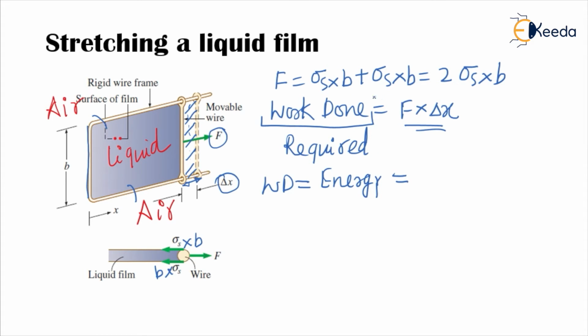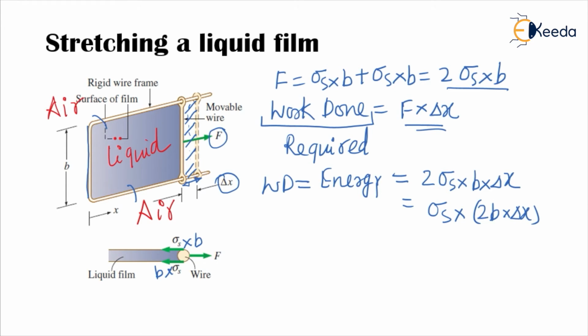Now we can see the value of F is 2 sigma s into b into delta x. That can also be written as sigma s into twice b into delta x.